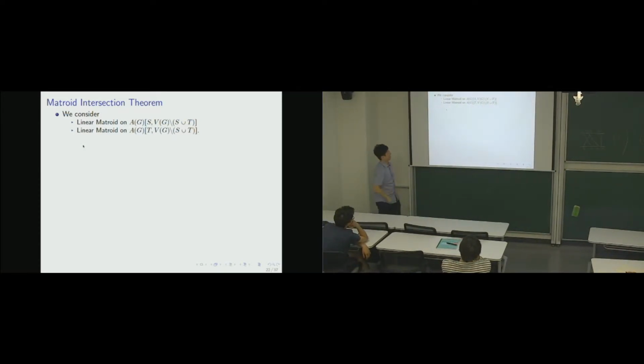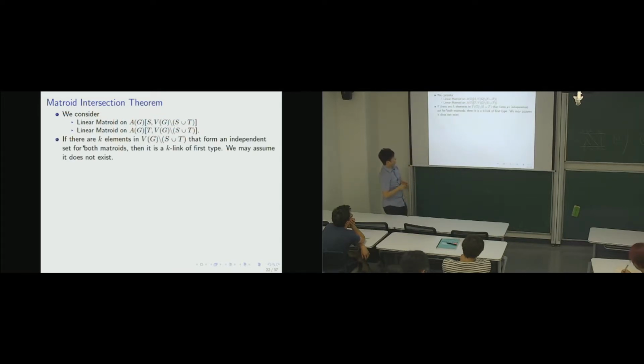Nick gave a talk on it. Anyway, we consider the linear setting. You consider a vector matroid on the adjacency matrix between S and the rest, and another matroid on T and the rest. The simple observation is that if you have a k-element independent set for both matroids, this is just the k-link of the first type.